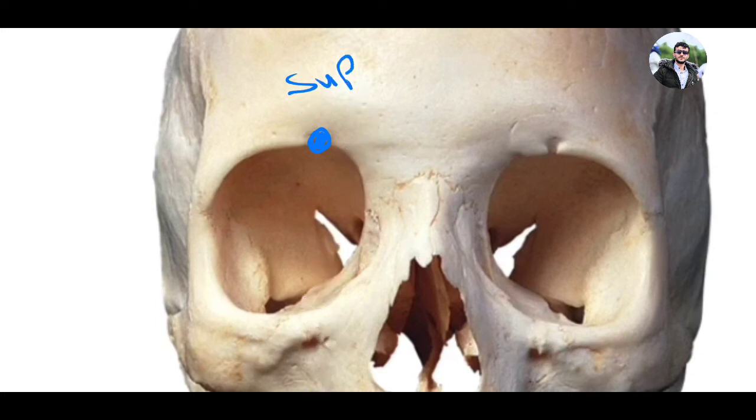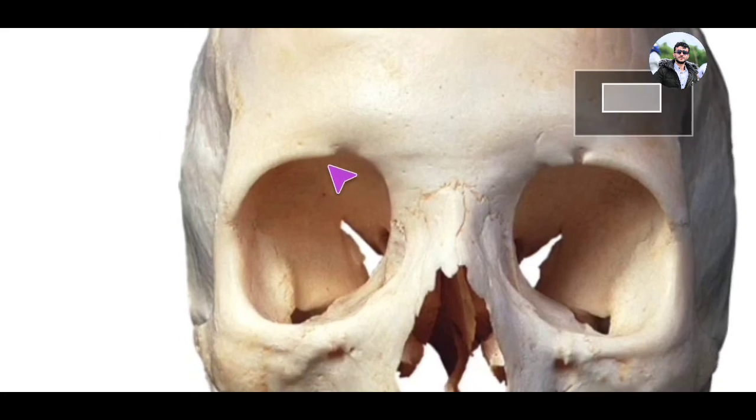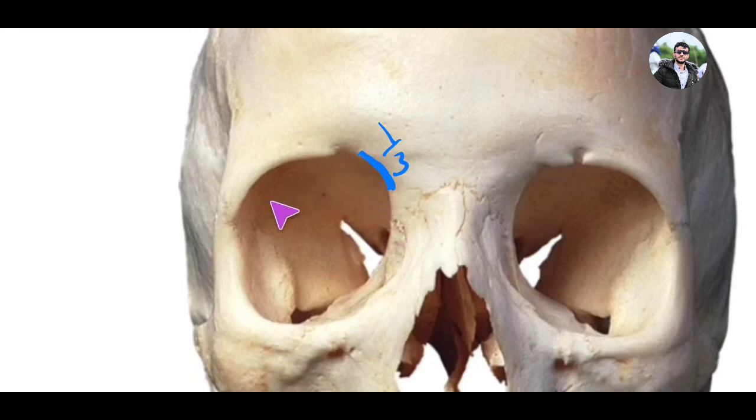Because beneath the eye opening there is a foramen called infra-orbital. We call it supra because it is superior to the orbital opening, and it is a pathway for a lot of nerves and vessels. Regarding the location of this notch, it is one third medially from the supra-orbital margin and two thirds laterally.